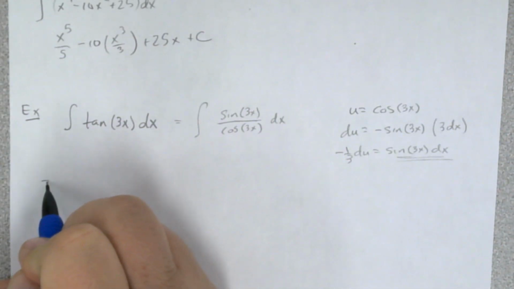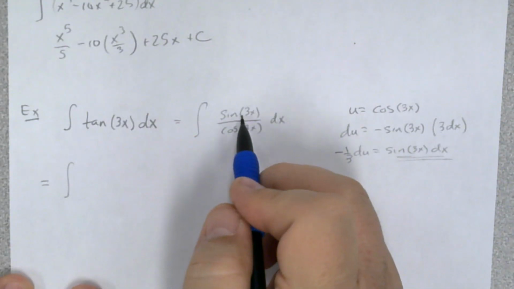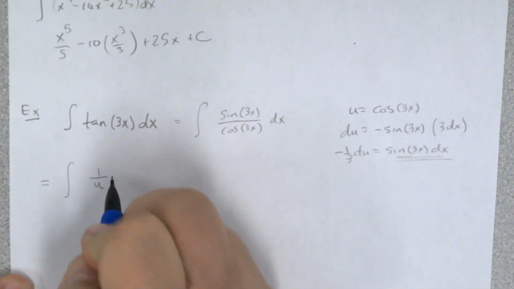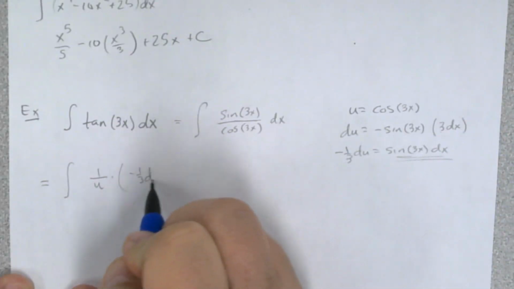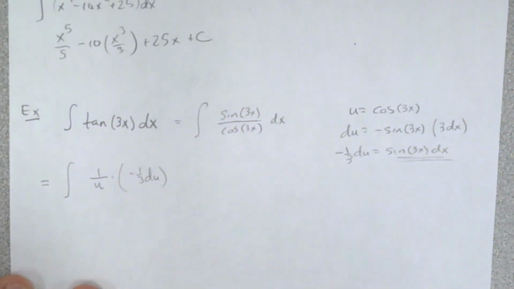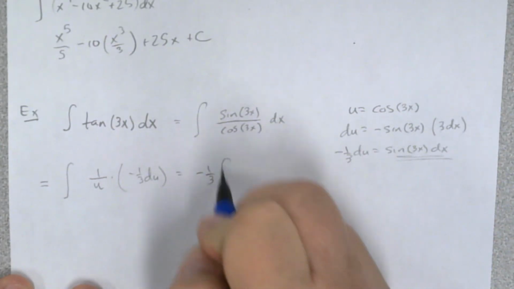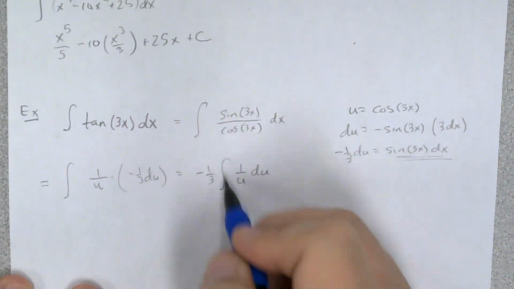And then this problem will become the integral of 1 over the cosine, so 1 over u. And this over here is going to be a negative 1/3 du. The negative 1/3 comes out in the front, and you end up with 1 over u du, and we have a rule for that, that is the natural log.